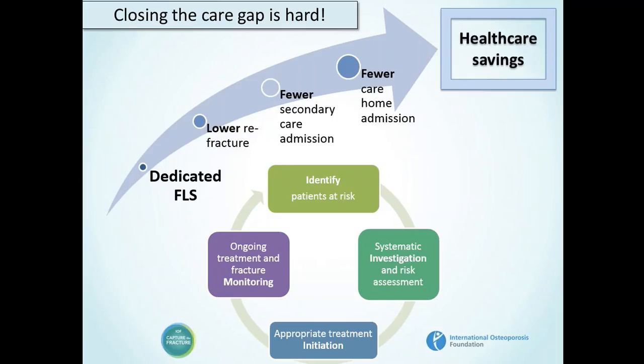All of this is healthcare savings. So the logic tells us that we should be doing this. Nevertheless, it is not done universally and rather poorly in most countries, both in the Western Hemisphere and in other places.